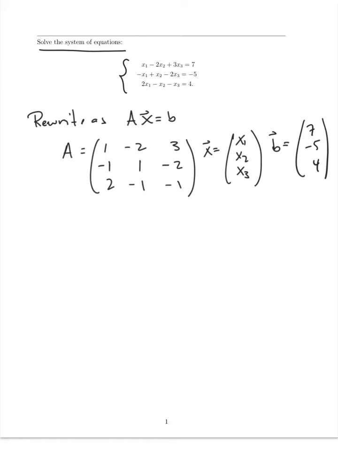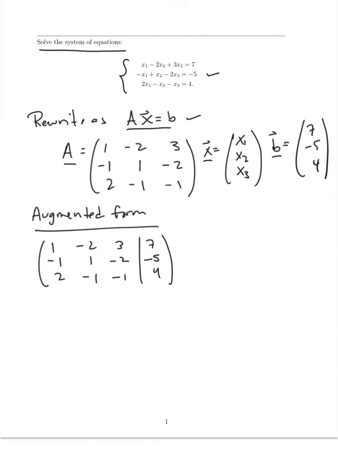So the first thing that we want to do is rewrite it in matrix vector notation here, and convince yourself that our system here is equivalent to AX = B, when A is this matrix, this is a vector X, and this is the vector B. Okay, so in order to solve this, we write it in augmented form.